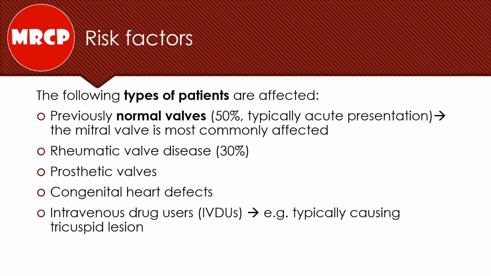The mitral valve is the most commonly affected valve, and you will have questions in the question bank asking about this point. What is the most commonly affected valve in infective endocarditis? The mitral valve.